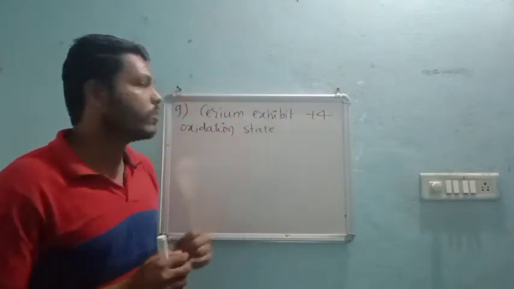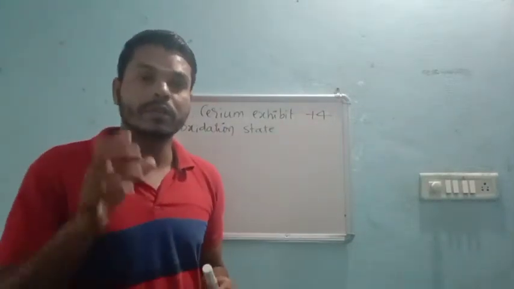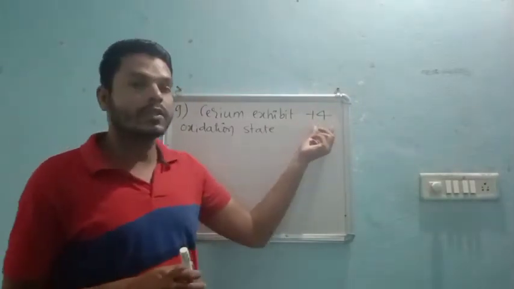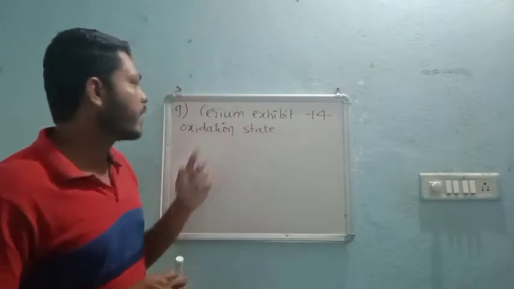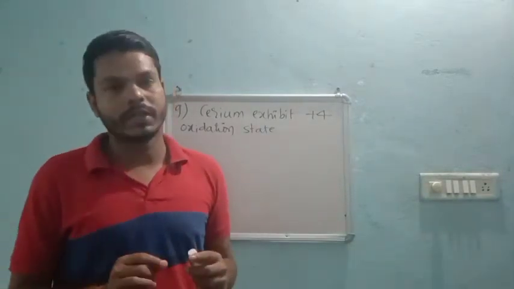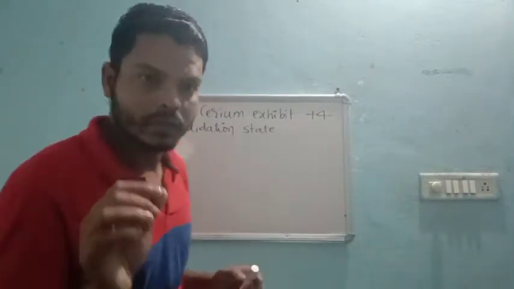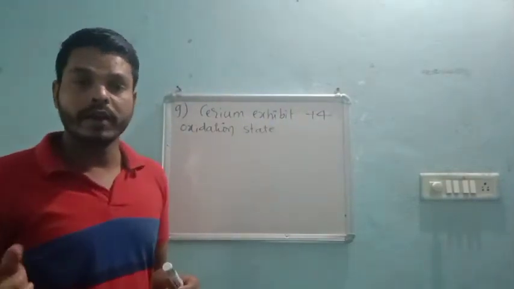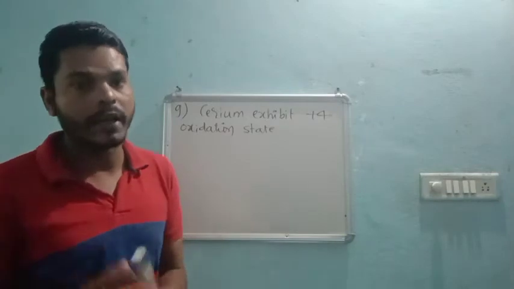So here also, cerium is very stable with the +4 oxidation state, so that's why it exhibits +4 oxidation state, right? Because of stability only they try to show the different types of oxidation state. You already know this, right?